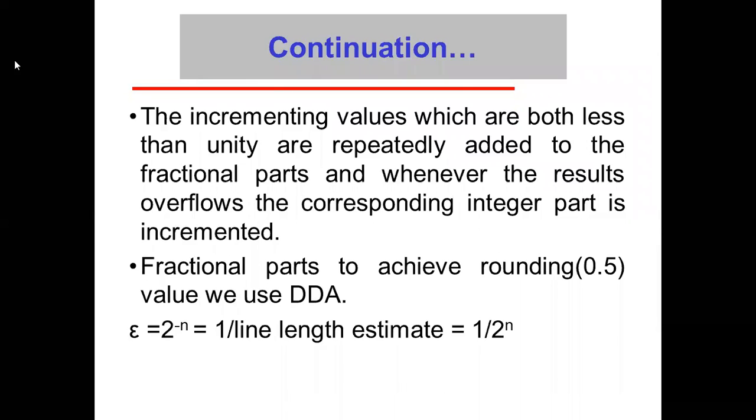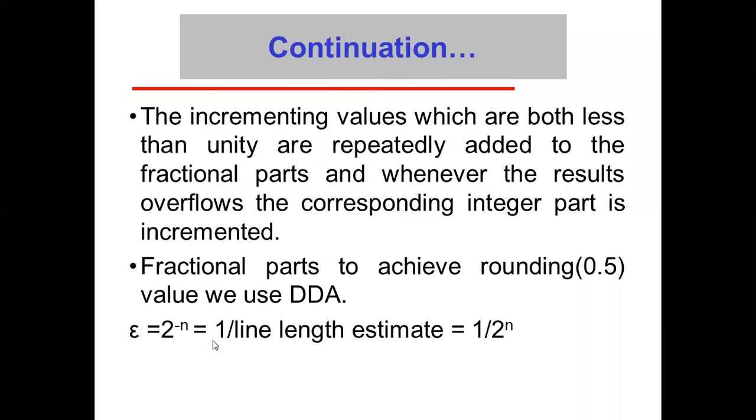We use this formula for the symmetrical DDA, epsilon is equal to 2 to the power minus n. Here epsilon means a very small value, a small increment.